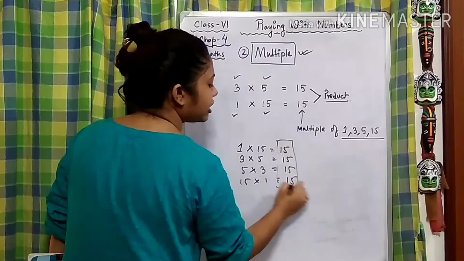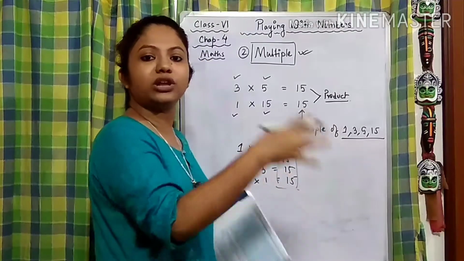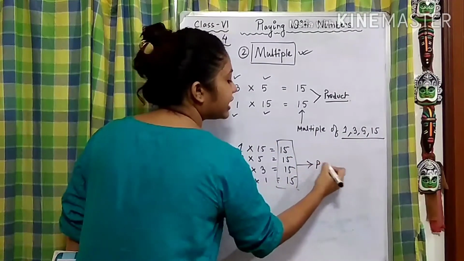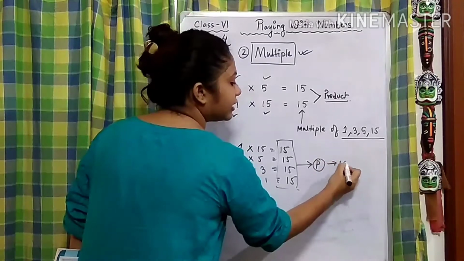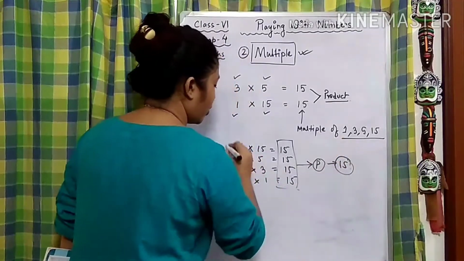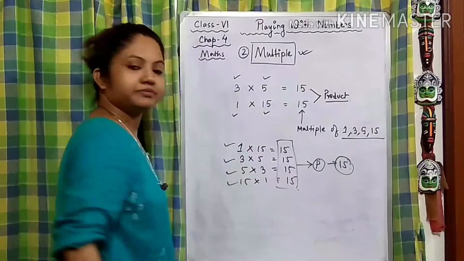All the combinations we are calculating give the same product, 15. Understand? So 15 is the multiple of all these four numbers. Got it?